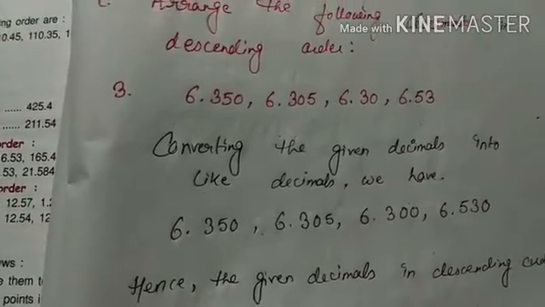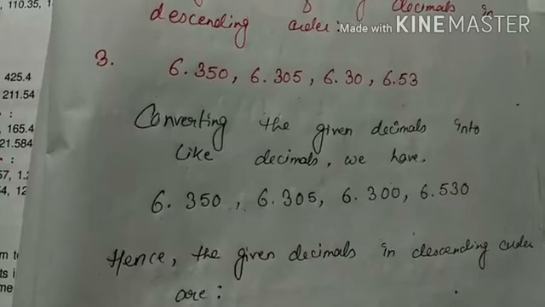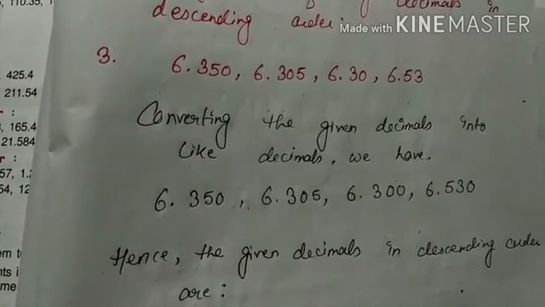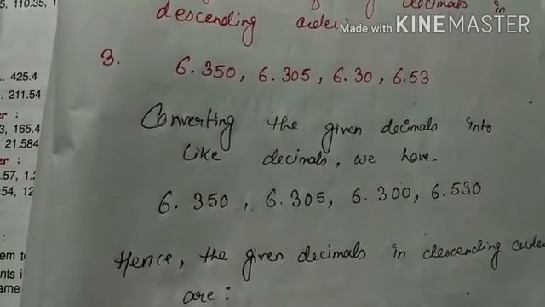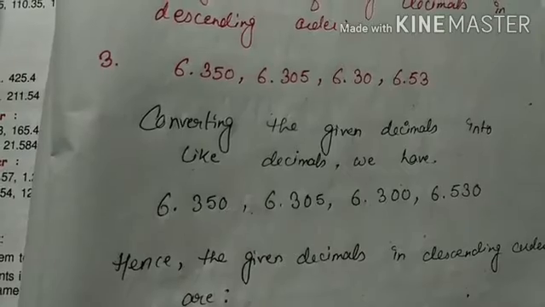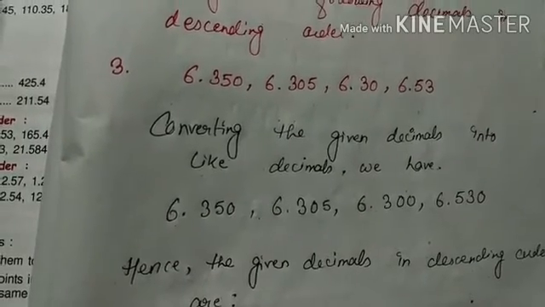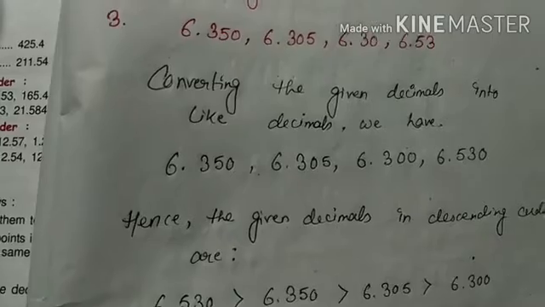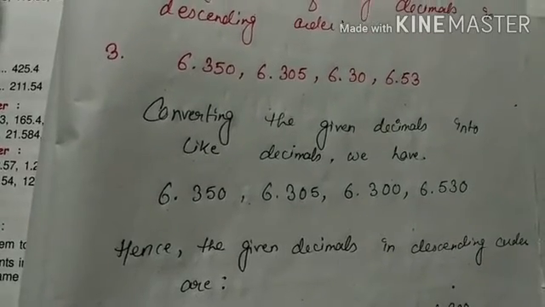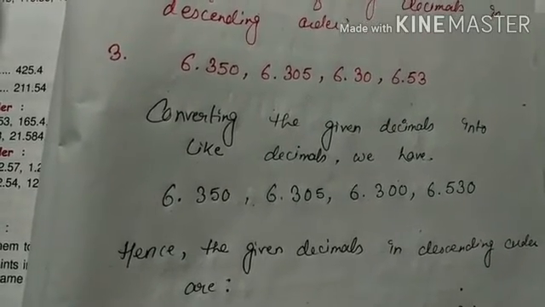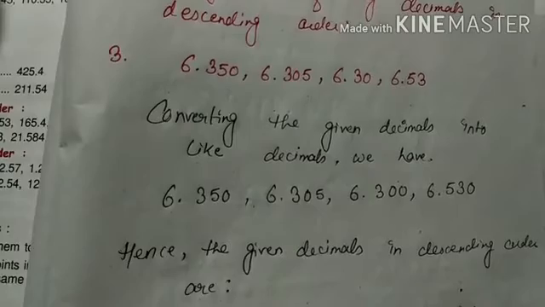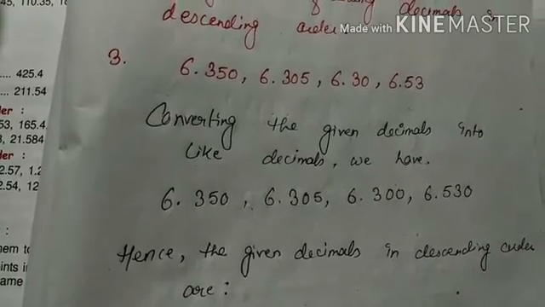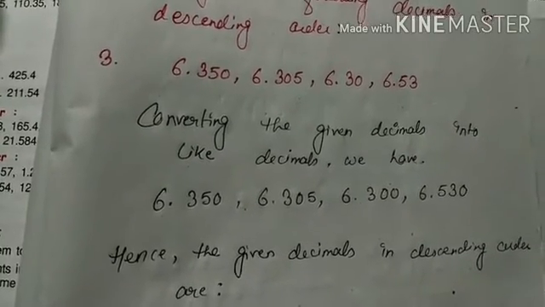So converting the given decimals into like decimals, we have 6.350, 6.305, 6.300 and 6.530. To convert into like decimals, add 0 at the extreme right of the number.